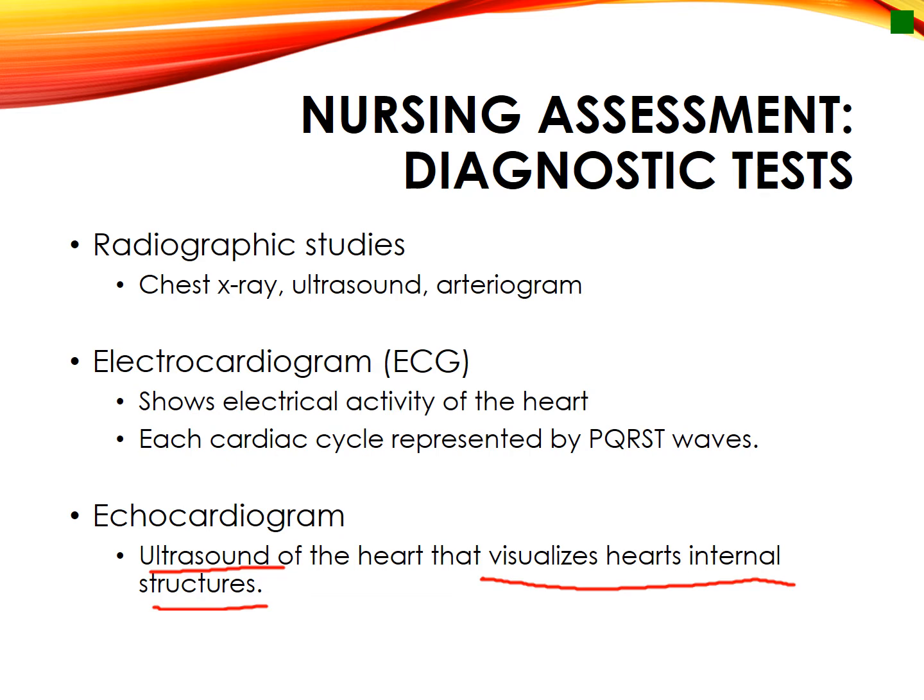Another thing we can do is an electrocardiogram or an ECG, which frequently people call EKGs, but it is an ECG. So just more challenging to say. It shows the electrical activity of the heart. It's going to show your P wave, your QRST waves, okay? And this is the cycle, definitely not drawn like that, but this is the cycle of the heart that we want.